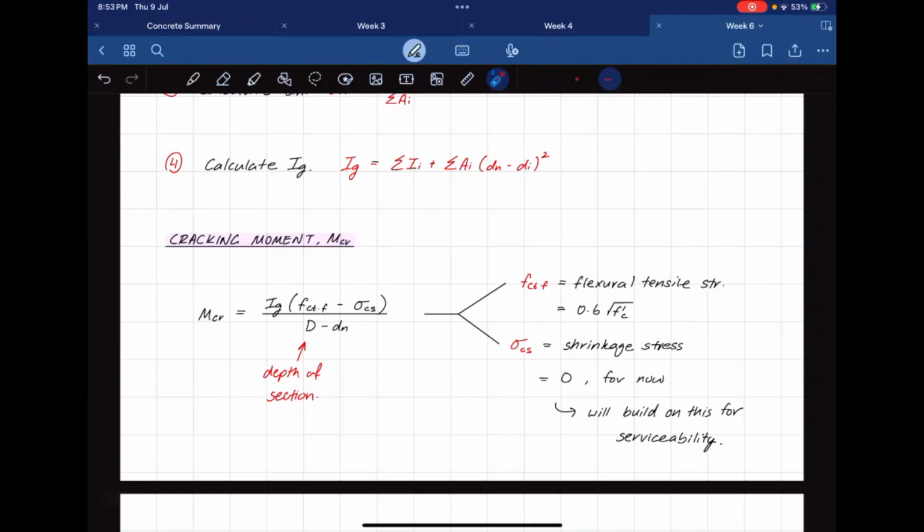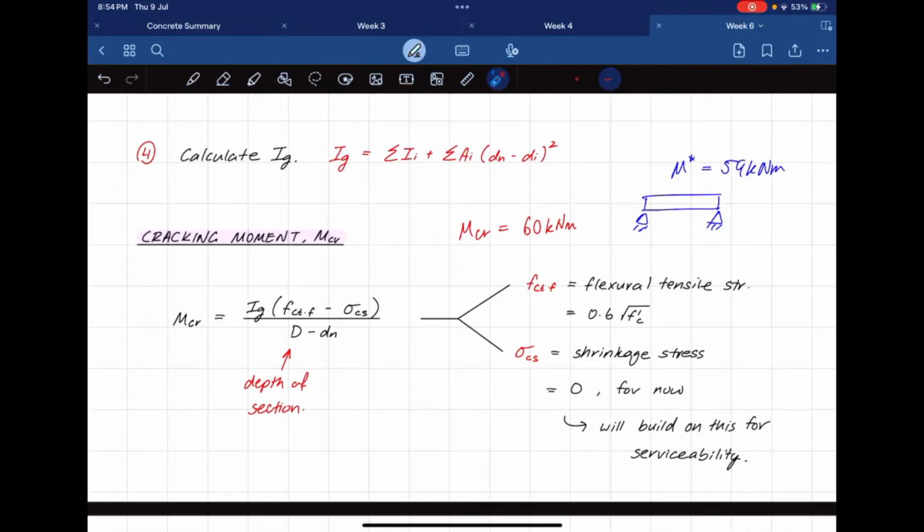But before that, I'm going to talk about cracking moment really quickly. Cracking moment, as I said earlier, is the point at which your concrete cracks. So let's say MCR is equal to 60 kilonewton meters. Let's say on a certain beam, after you figure out the moment acting on it, you say that M star, the moment acting on it, is 59 kilonewton meters.